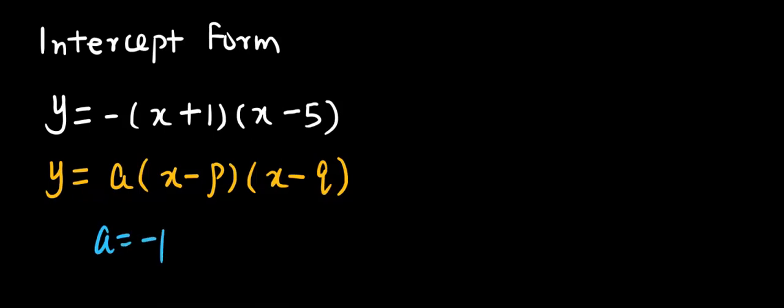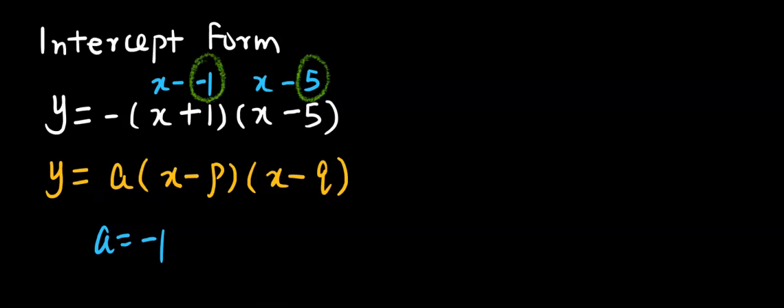And then you come back to here, you say x minus p. So here should be x minus negative 1, because minus minus is plus. And here is x minus 5, which means p here is negative 1, and q here is 5.